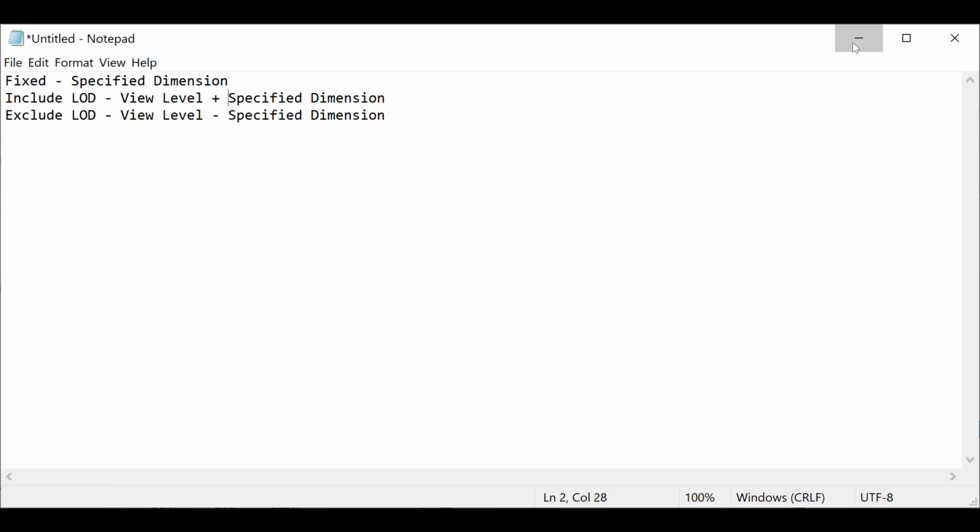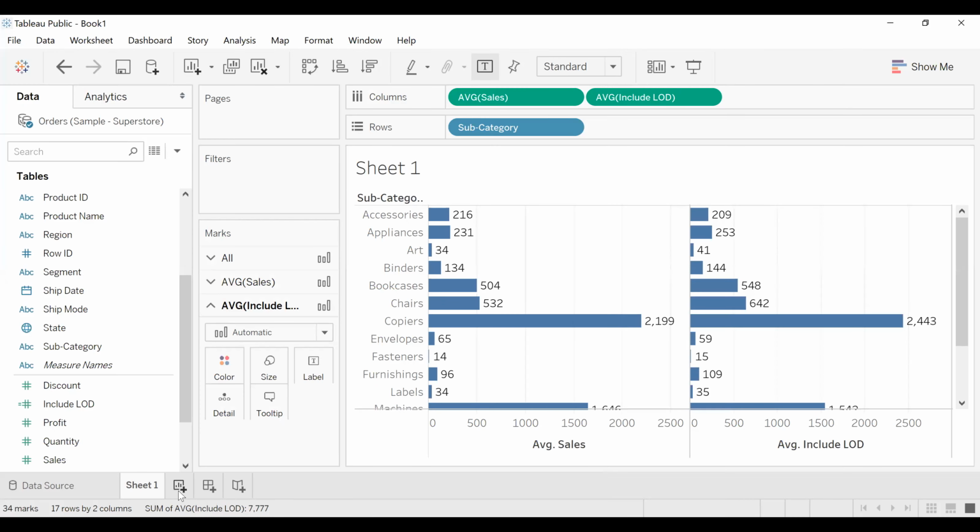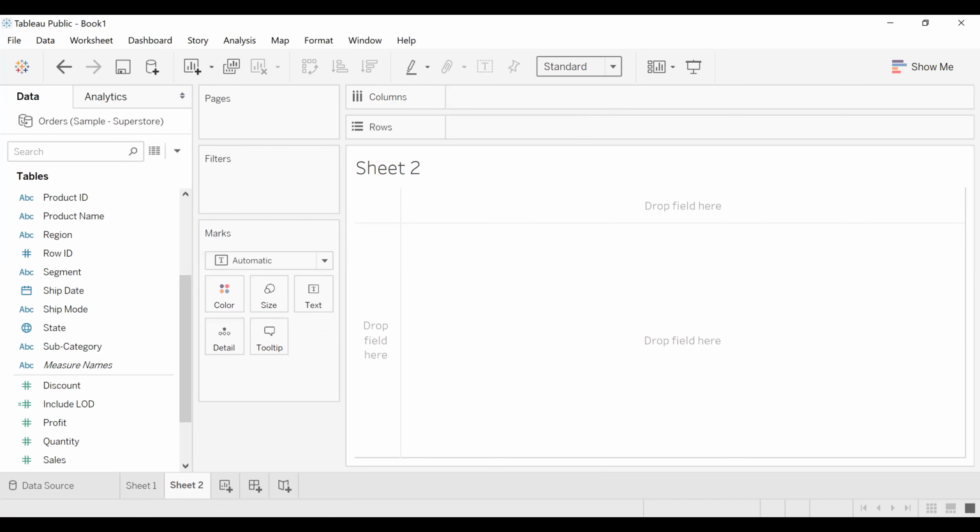Okay. We will do one use case on include LOD. Let me ping the use case on the chat window.